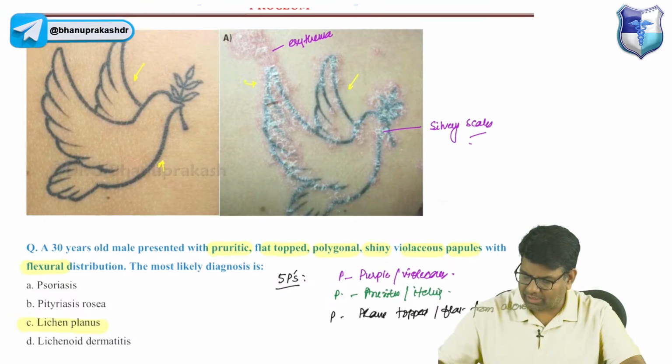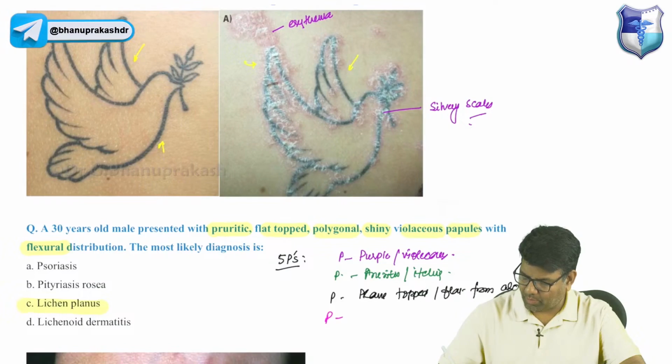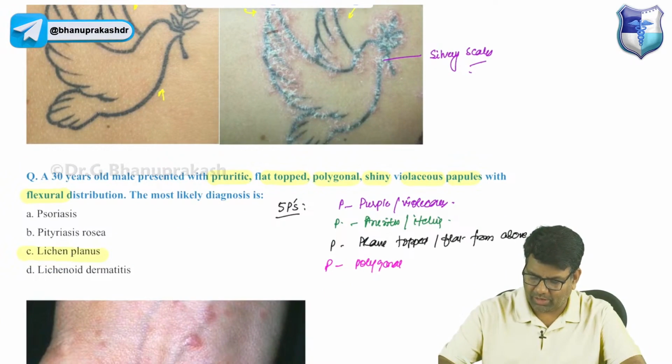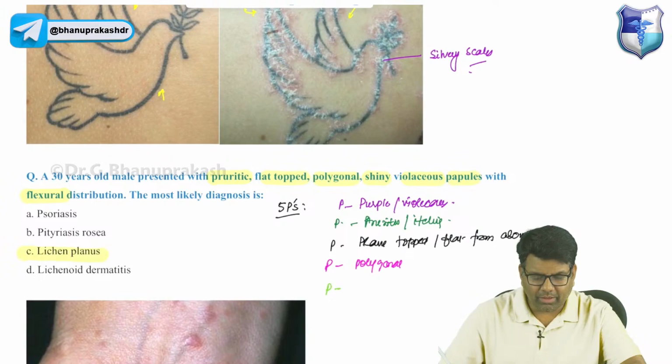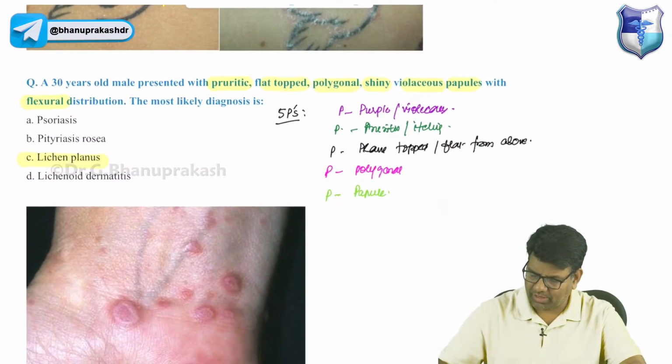And the fourth P is polygonal, so the geometrical configuration can be polygonal. And what is the fifth P? Papule. Very good. So what is this word papule?